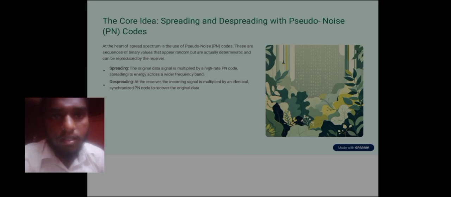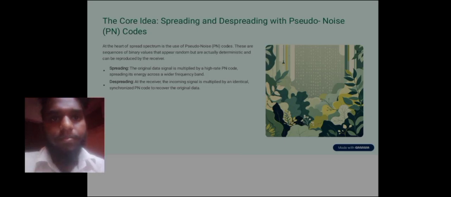The transferred signal is received by a receiver and despread depending on the PN code, so in both the spreading and despreading operation, the PN code plays a main role. So we consider it the main core idea in this communication technique.